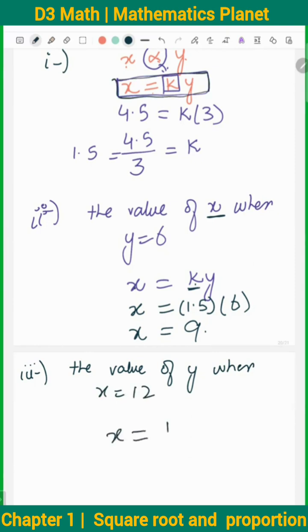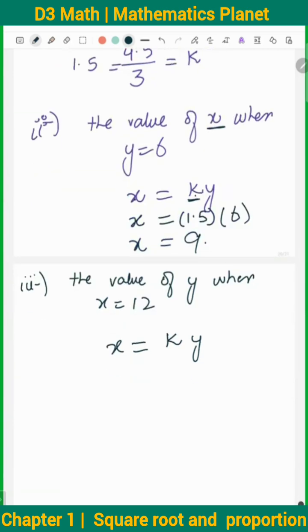This time, instead of x, we are going to put 12 is equal to, instead of k, we put 1.5. And y will remain as it is. So what will be the value of y? 8. Very good. We get the value of y as 8.